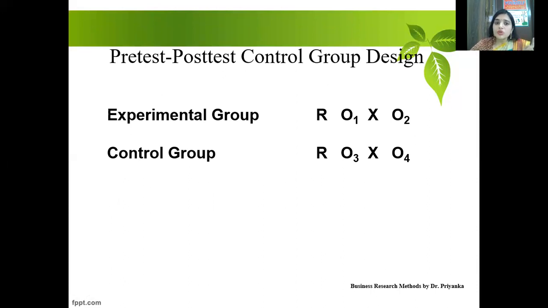But in the quasi-experimental pre-test, post-test group design, we were just taking the measurement at both times. We did not have two groups. Over there only one group was there, but in this case we have two groups. One is the experimental group, another is the control group, and they would not be knowing about each other.